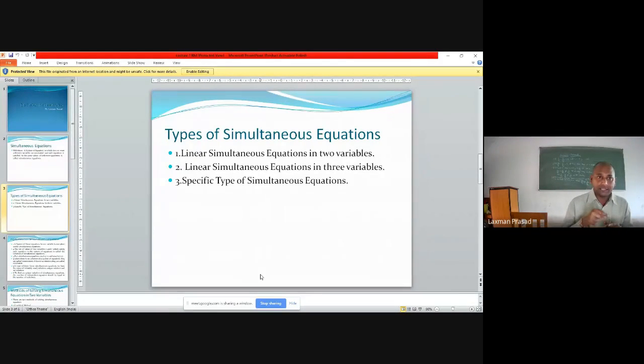In the first term there is an x existing, and in the second term also x is existing in the form of a square. Fine. A system of this type of equation is called a specific type of simultaneous equation.